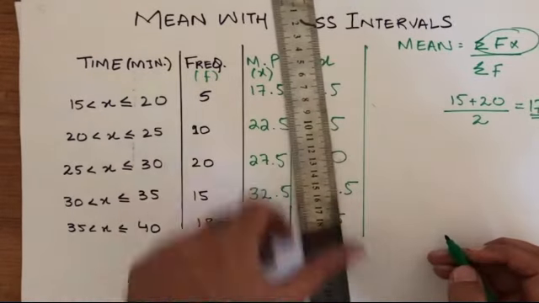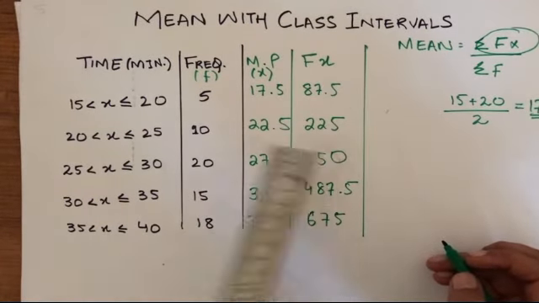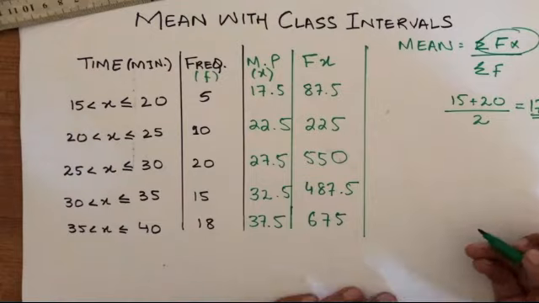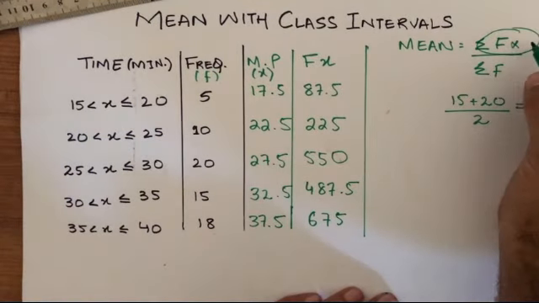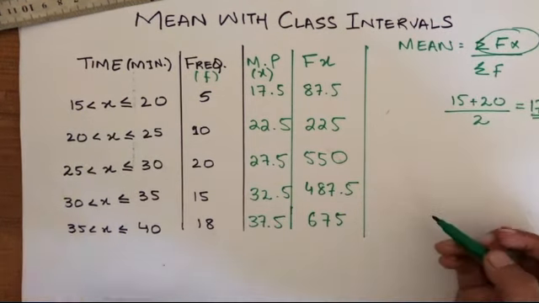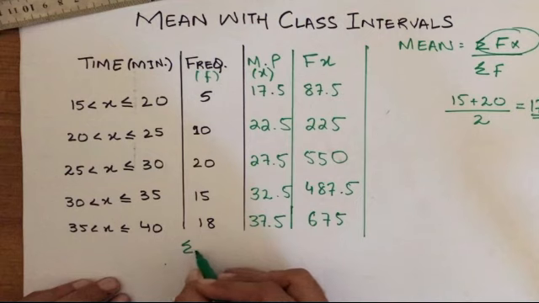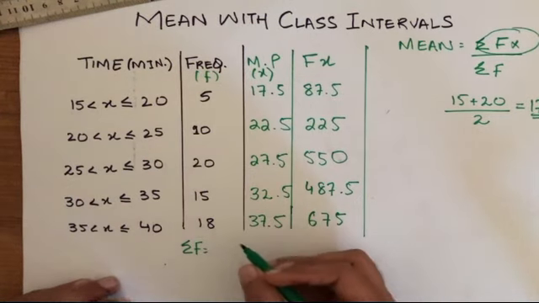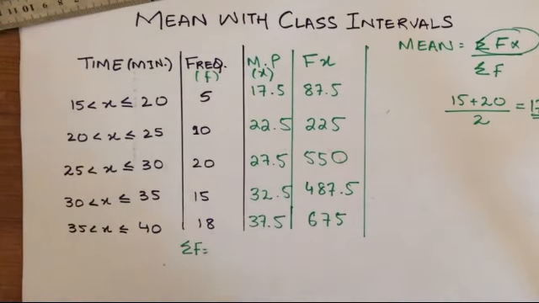Again, if you look at the formula, they do not need fx, but they need the summation of this, that is the total of this. And they don't need your frequency, they need the total frequency. So let us first find out summation f by adding all these. This is 30 plus 15 plus 18 plus 5, 68.